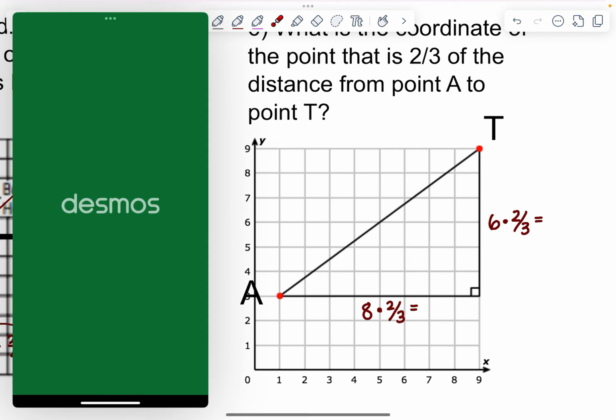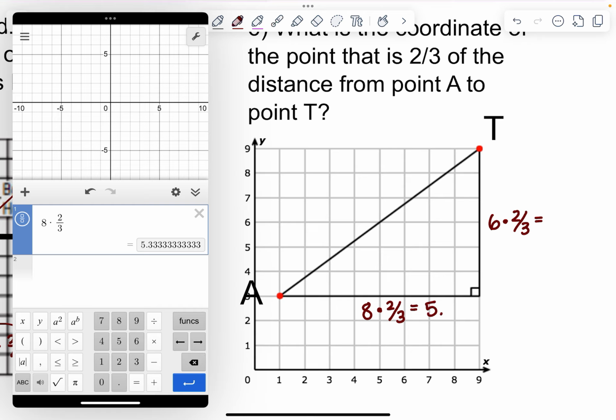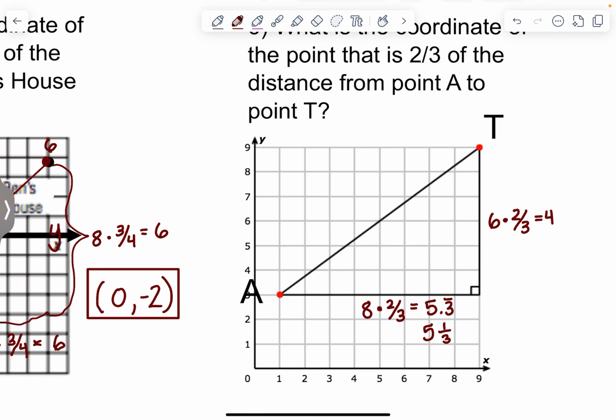But that's okay. We got this. Let me use my calculator. 8 times 2/3 is going to be 5.3 repeating, or 5 1/3. But what is 6 times 2/3? 6 times 2/3 is a very pretty number. It is 4.